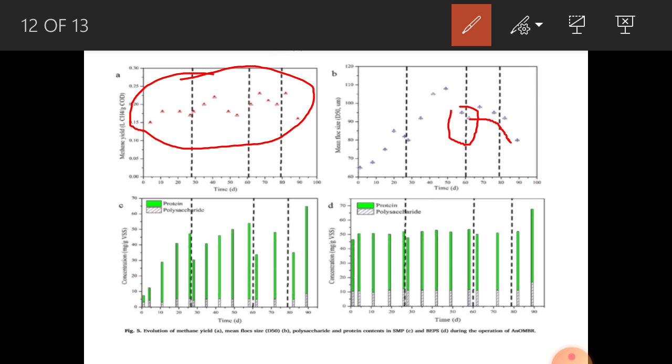It has been reported that cytostatic drugs induce the increase of EPS concentration of sludge, especially protein and polysaccharide. It can be seen here that when the drugs are introduced, there is an increasing trend of the protein and polysaccharides.